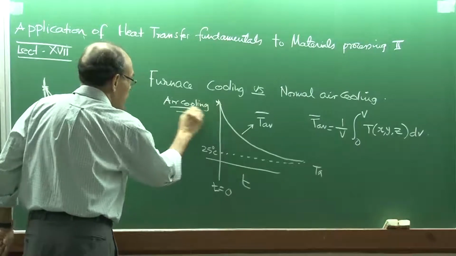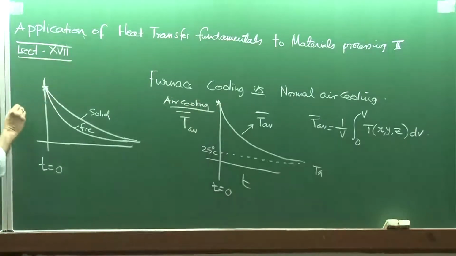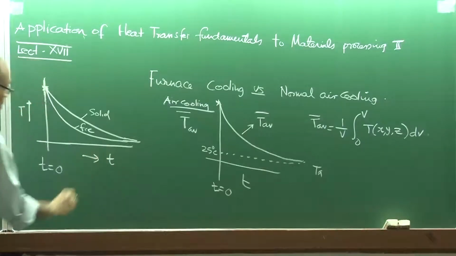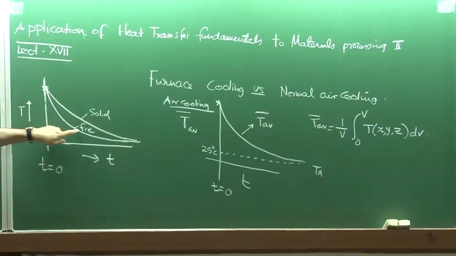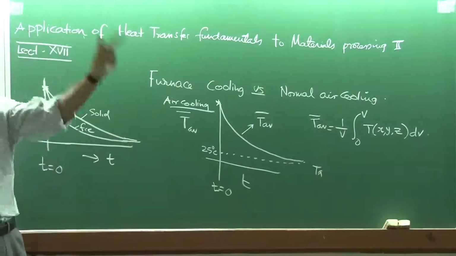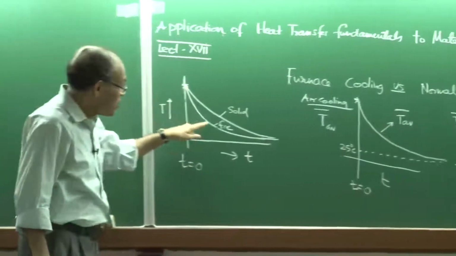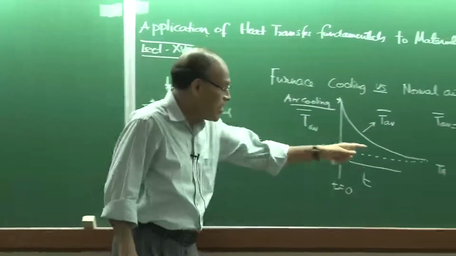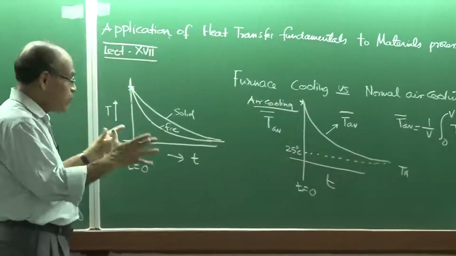The ambient temperature in the case of furnace cooling is the furnace temperature. So, the ingot is within the furnace itself. The ambient is no more 25 degrees centigrade, but is the temperature within the furnace, and that furnace temperature is changing as a function of time. So, this essentially is the difference between the two processes.